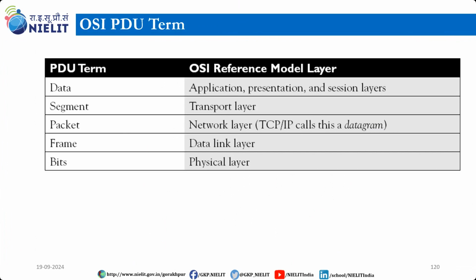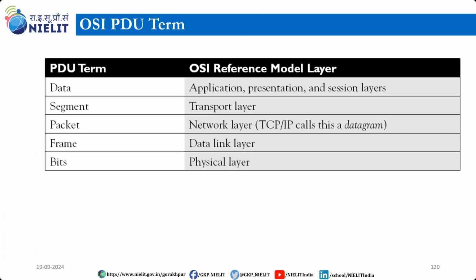This data is converted into a TCP segment at the transport layer, or if it is using UDP, it will be converted into a UDP datagram. Then this TCP segment or UDP datagram will be converted into an IP packet. Packet is the terminology associated with the network layer. And this packet is converted into a frame, which is part of the data link layer.